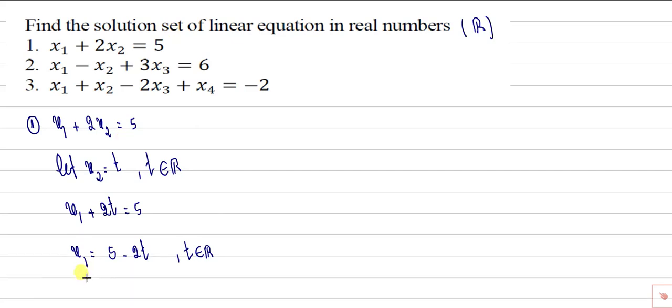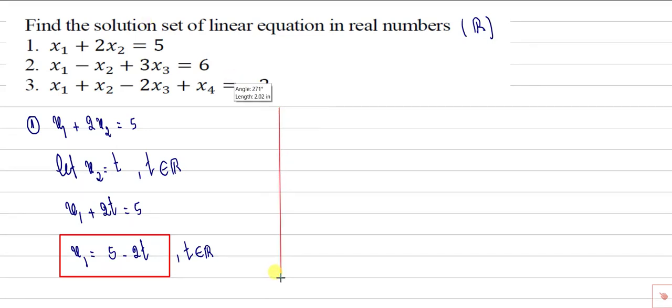So this is the solution set of our equation, because this set is changed by our parameter t, because t belongs to all the reals, from negative infinity to positive infinity. And point 2 is also the same.